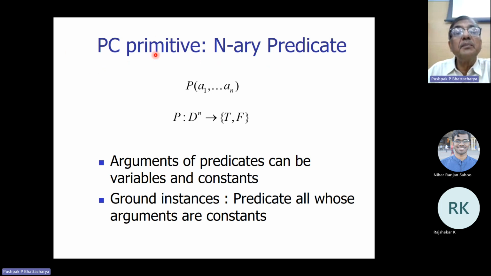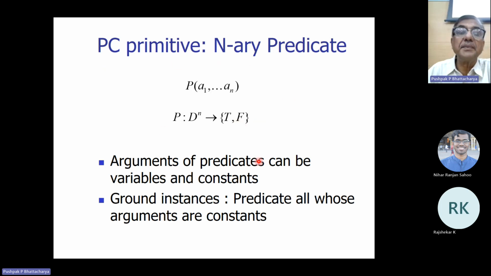The primitive, the most important building block of predicate calculus is the n-ary predicate, a predicate which takes n arguments. So P(A1, A2, up to An) is a predicate which operates on D to the power n, okay, D cross D up to n, and goes to {T, F}, true and false.